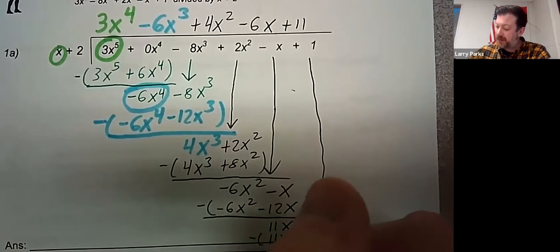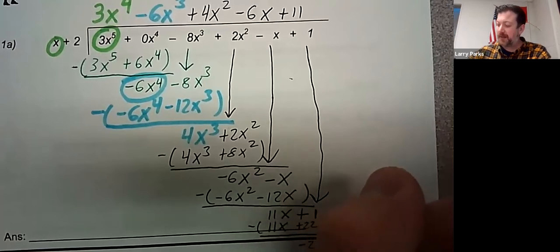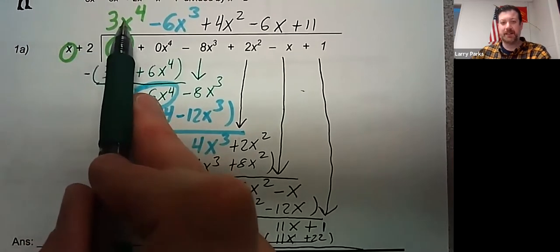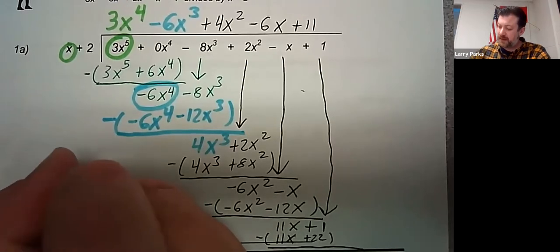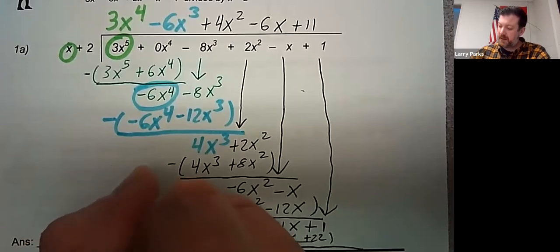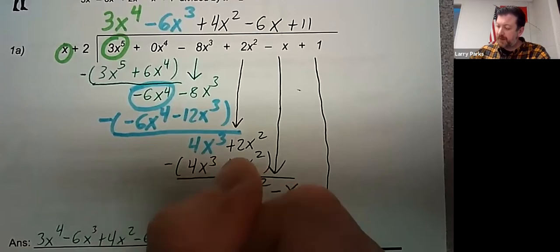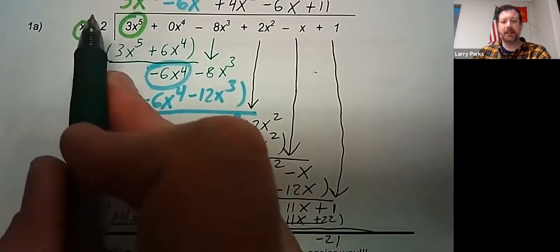And I did run out of room. 11 minus 11, 0. 1 minus 22 is negative 21. That's my remainder. So then when I'm putting down my answer, I would say this polynomial, and remember, you put your remainder divided by your divisor.